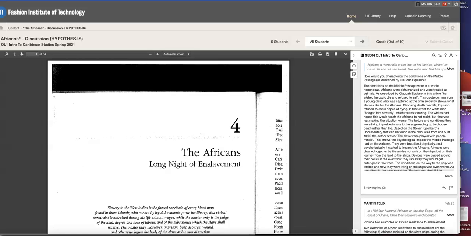I sent a specific question to each student, and they were to respond to the question using the citation annotation in Hypothesis. And so the question here is, how would you characterize the conditions of the Middle Passage as described by Olaudah Equiano? And this is the response here.